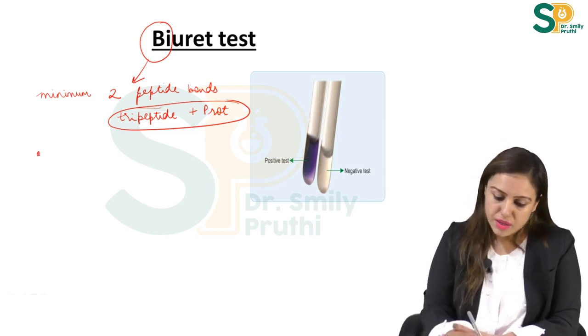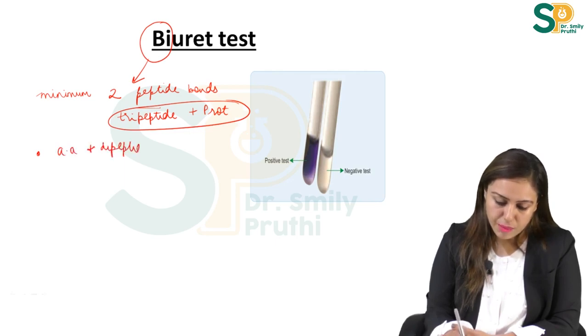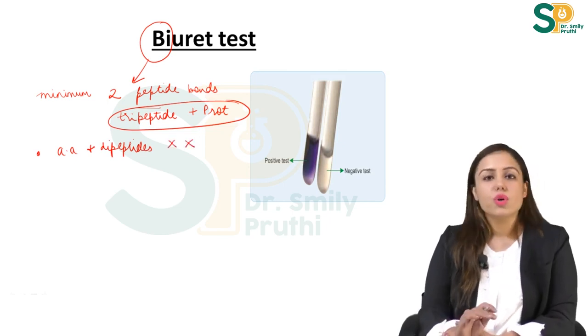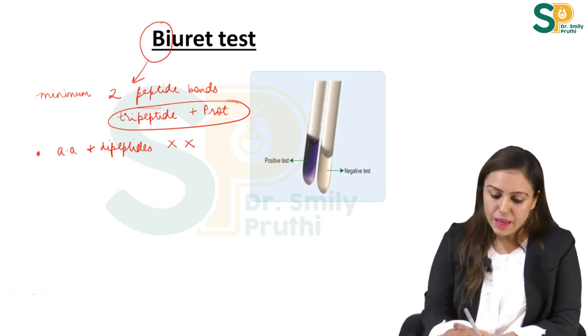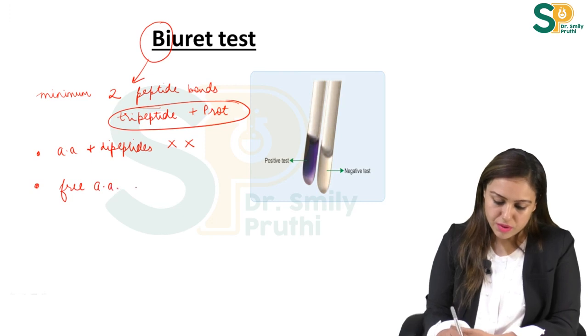So can I say that amino acids and dipeptides do not give this test positive, right? And I can also say that a free amino acid will give Ninhydrin positive.